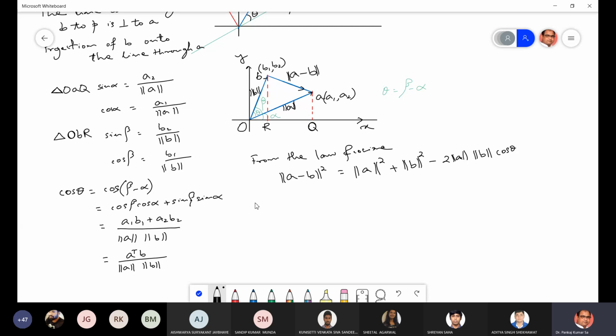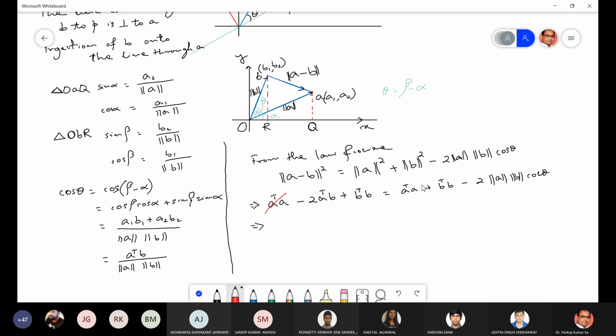Can I write it like this? A transpose A minus 2 times A transpose B plus B transpose B is equal to A transpose A plus B transpose B minus 2 times the length of A, length of B, cos theta, and it results in the same thing.